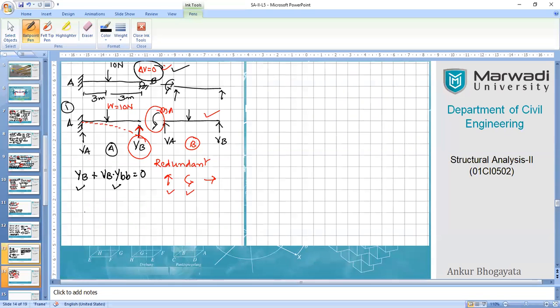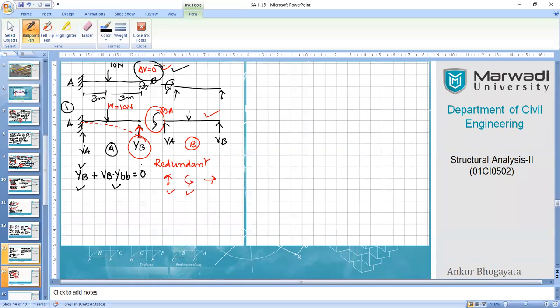First of all, you have to identify the redundant and remove it, so that you will have some deflection. Once you select the redundant, you remove it first, get the deflection in your new structure, and later apply the redundant as a unit force on the original structure by removing the external force.